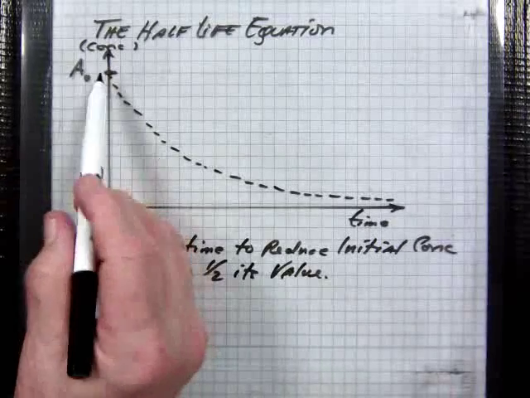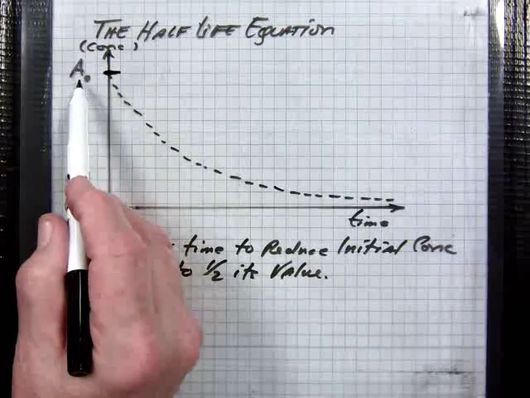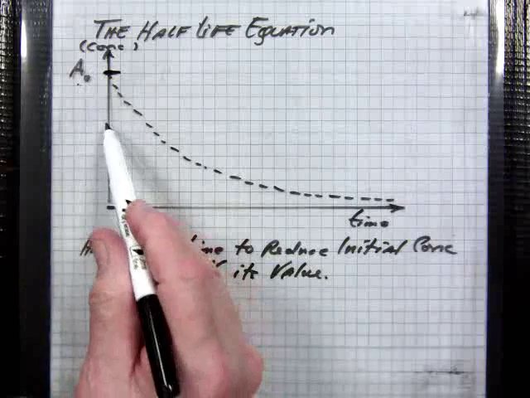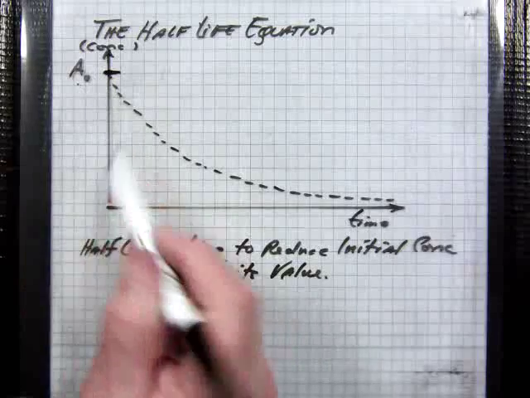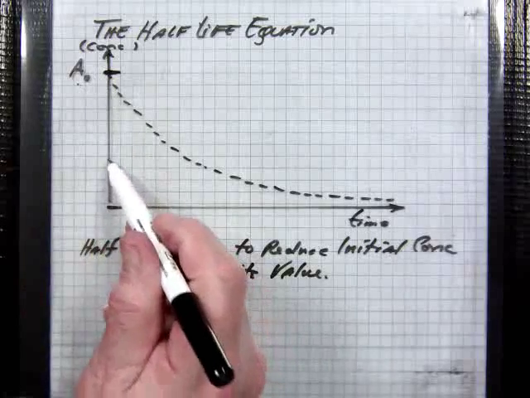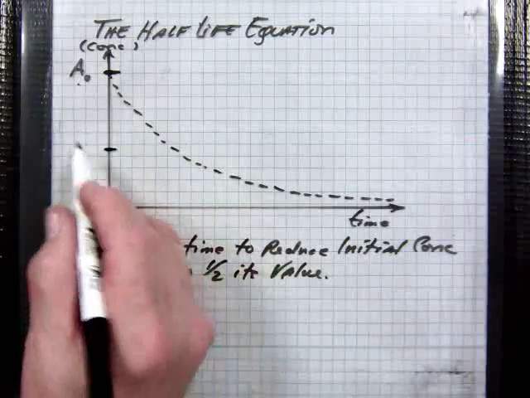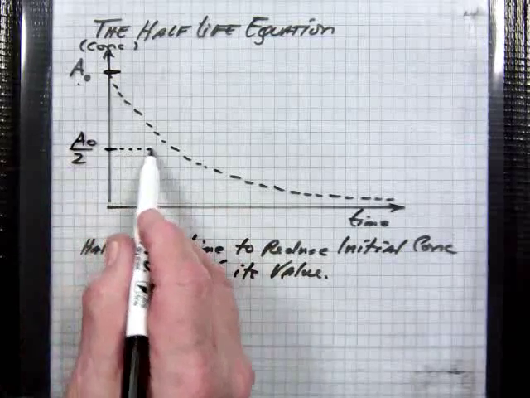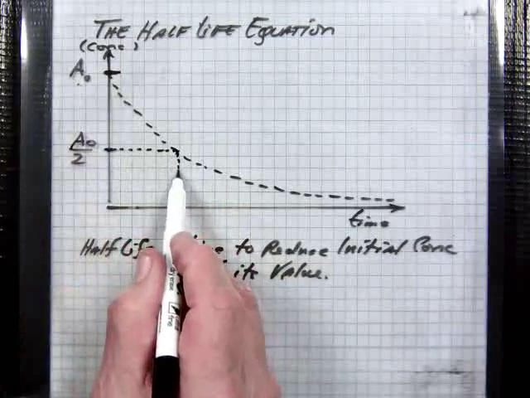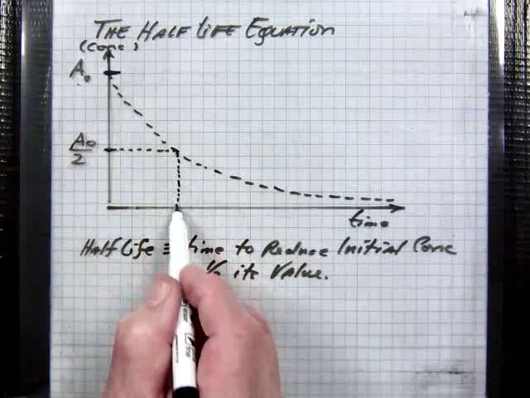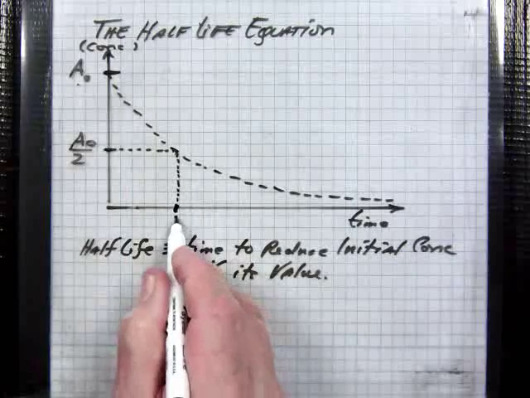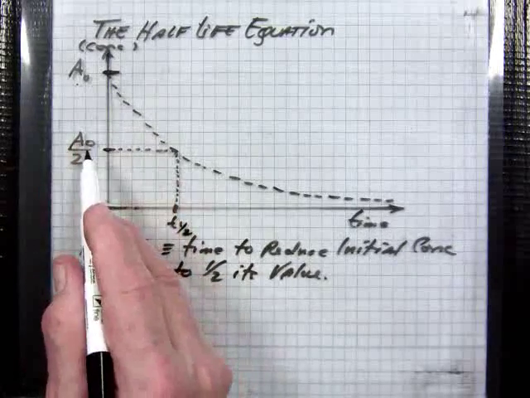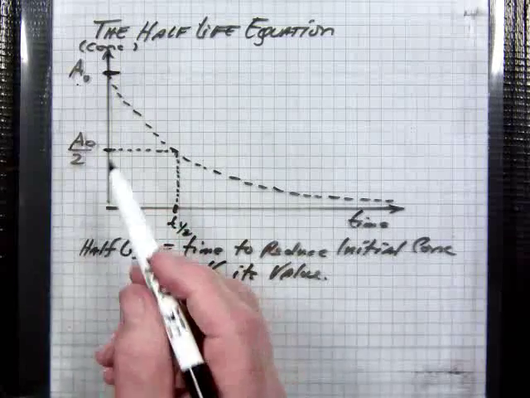So if this is the initial concentration, A naught, then half of that would be halfway, about right in here. So that's A naught over 2. And so if we extrapolate to the curve and then down, we have the half-life, the time it takes to reduce the initial concentration to 1/2 its value.